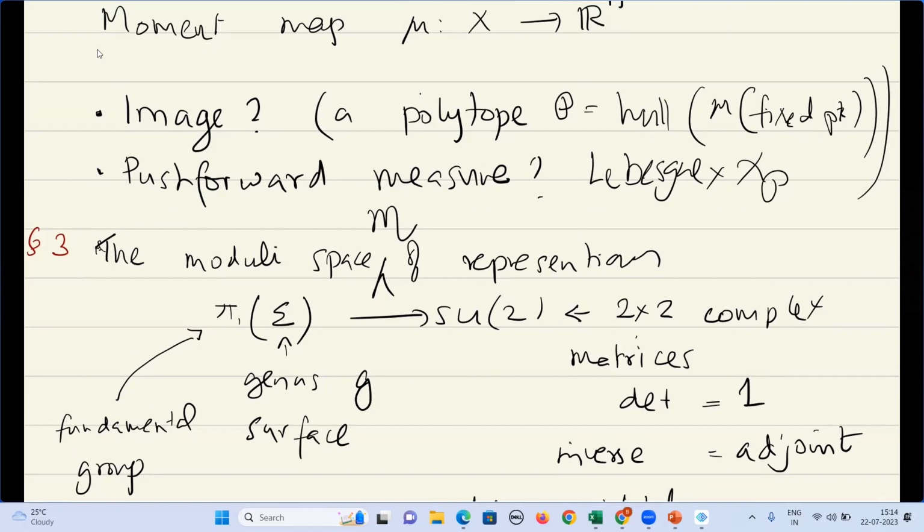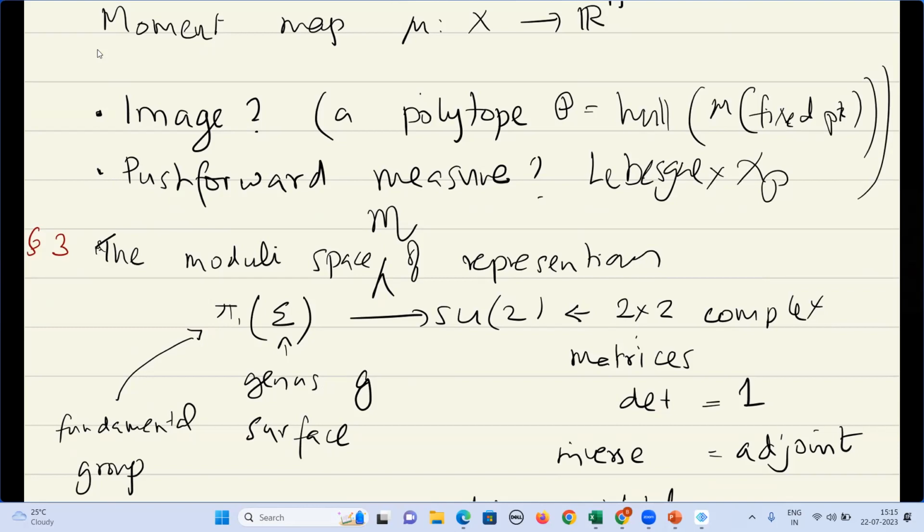Then I will say which is exactly the symplectic manifold that we are concerned with. That is the following. Take a compact surface of genus G. For various reasons, you should take genus G at least equal to 2. All compact surfaces are basically classified by the genus, so any two are diffeomorphic. So just fix one of them of genus G. Take the fundamental group of the surface and look at the space of representations of this fundamental group into the group of 2 by 2 unitary matrices with determinant 1, that is SU2.